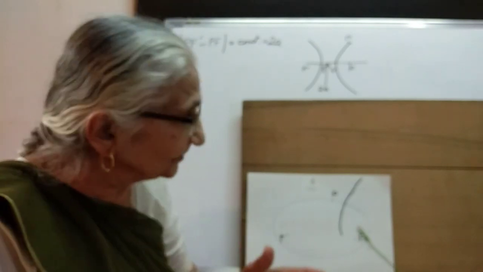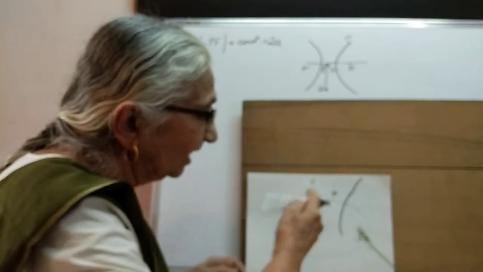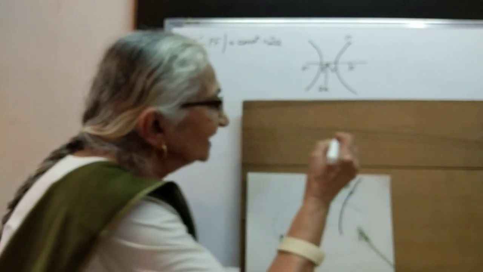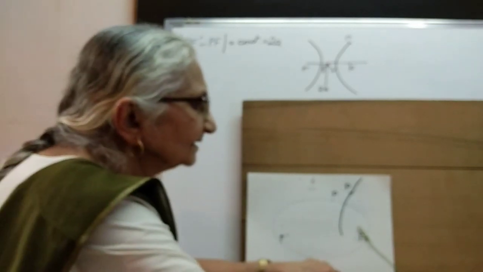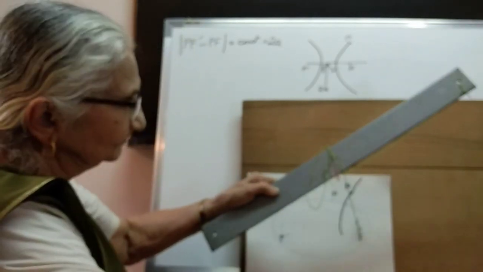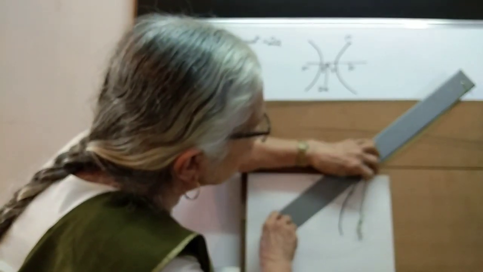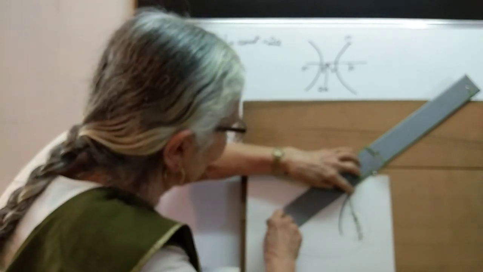Okay, now the question is this, how do you agree that if this is the point P on the hyperbola, we must be able to show that PF dash minus PF is constant. Okay, let us try. Now let us see.